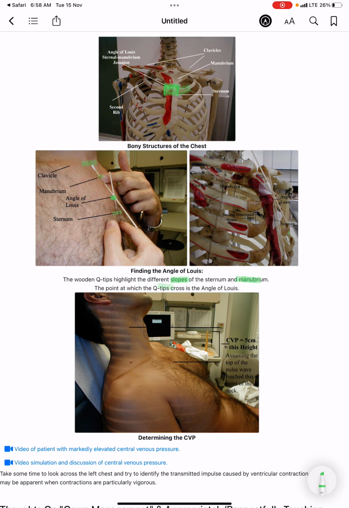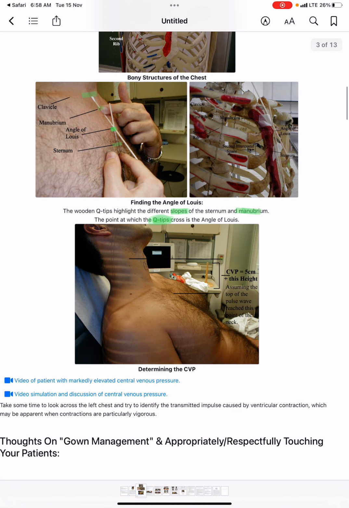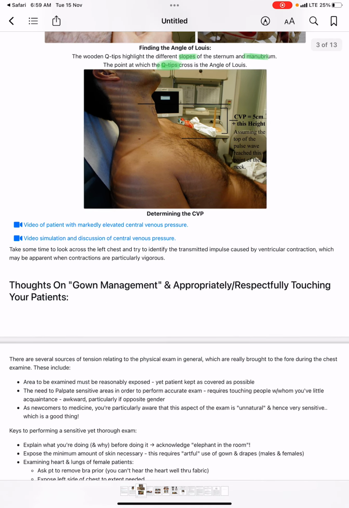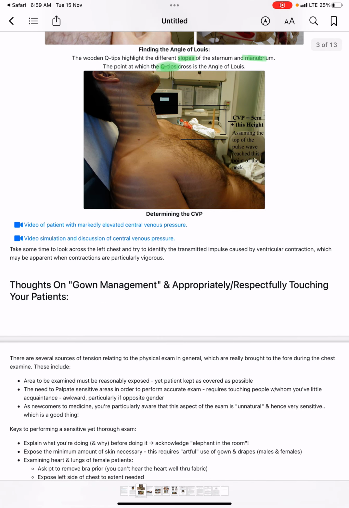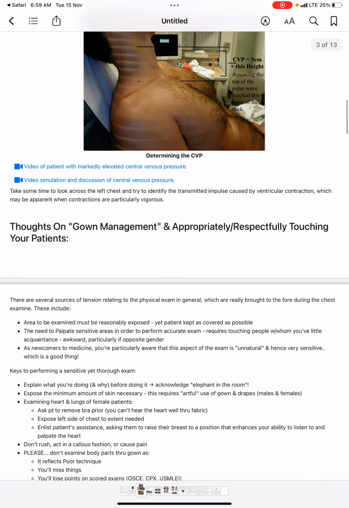The point at which the Q-tips cross is the angle of Lewis. So CVP is 5 centimeters plus this height. Here videos are given, a video simulation and discussion of the central venous pressure.